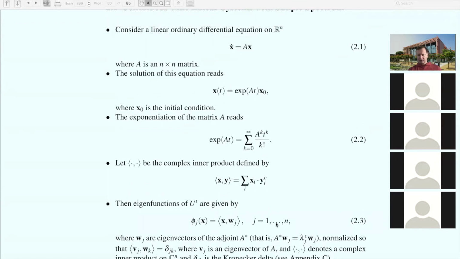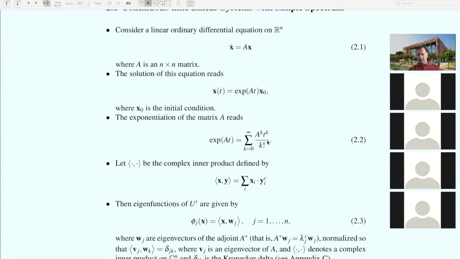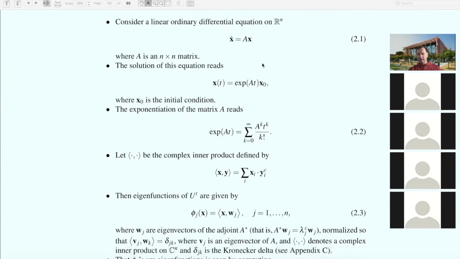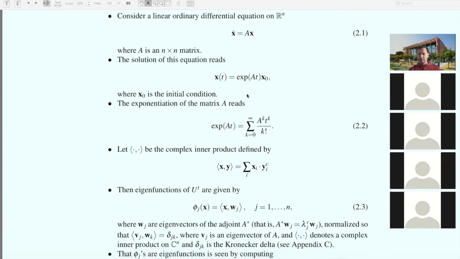I should mention, because I don't think I did, that we are going to be working first with a situation where A has n distinct eigenvalues and eigenvectors. But we will soon expand that to encompass the situations in which it might not have eigenvectors, but has generalized eigenvectors.